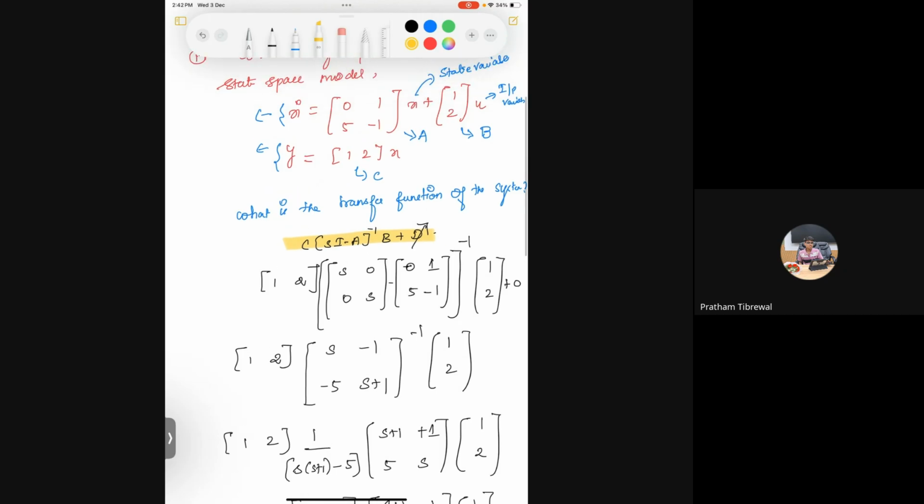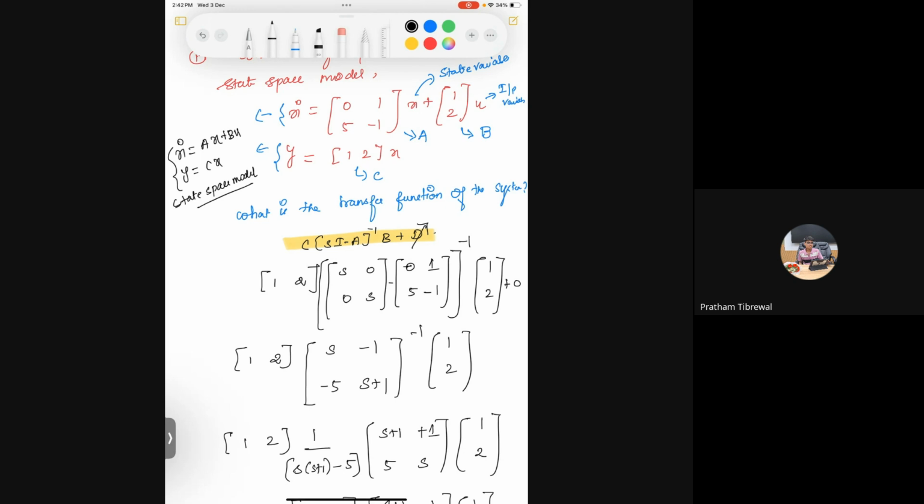In general, a state space model will be represented using this equation: x dot equal to Ax plus Bu, y equal to Cx. This is a pair of equations. We call this a state space model, right? This is one of the representations of a system.